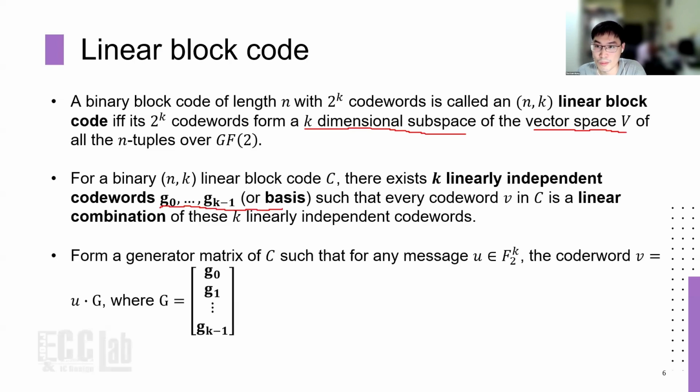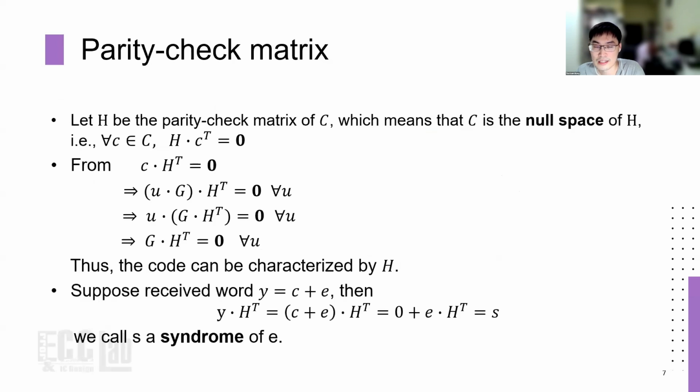So we can form this basis as a generator matrix. For any message u, we can obtain the codeword by multiplying by the generator matrix G. But often we will use the parity check matrix H, which means that the codeword space is the null space of this parity check matrix.